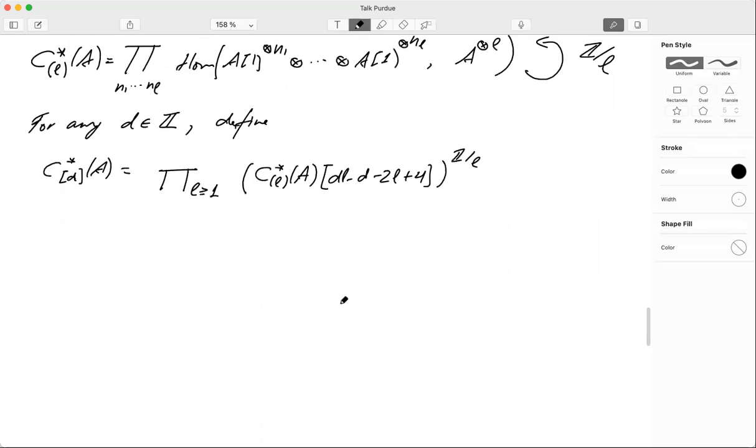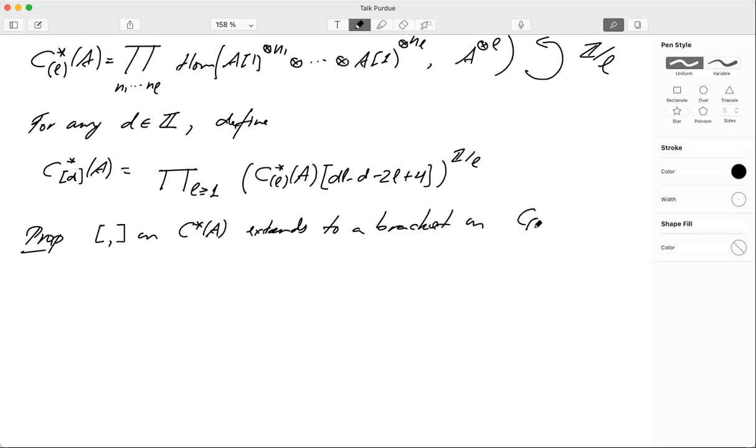And then, proposition: the bracket on ordinary Hochschild cochains of A extends to a bracket on this big thing, on C, sorry, I'm going to shift it by 1 just so it's a bracket of degree 0.